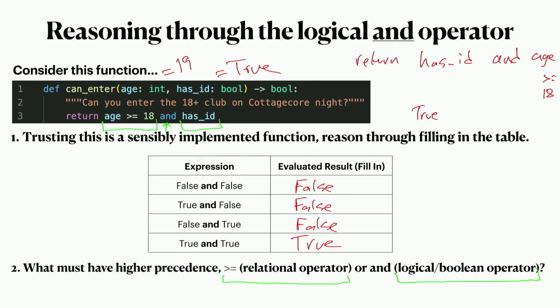When we reach this return statement and look at its expression, we see this and, and before we can actually evaluate and, we need to know the simplified values of the left-hand side and the right-hand side. So has ID would have simplified to true, and age is greater than or equal to 18 would have also simplified to true.